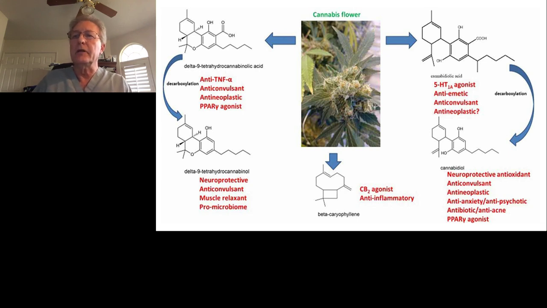It has neuroprotective, antioxidant, anticonvulsant, anti-neoplastic, anti-anxiety, antipsychotic, antibiotic, and anti-acne type effects. Down below, you see the CB2 agonist, which is a beta-caryophyllene or terpene. It has its own physiologic action.